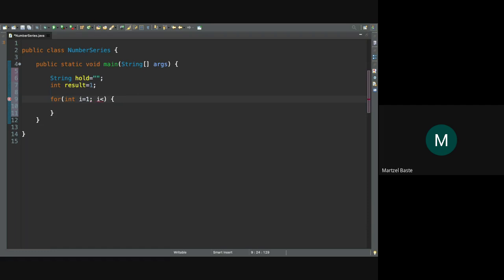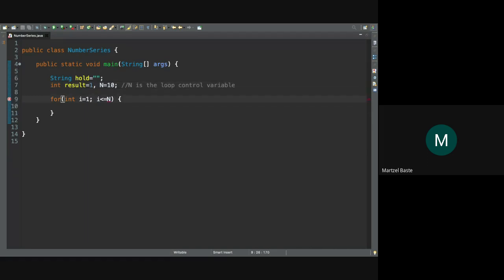So let's say we have value of n. So ang n natin would be any entry ng user. So either the user enters 5 or 7, 7 or 8, depending on the value na i-enter. So n is the loop control variable.